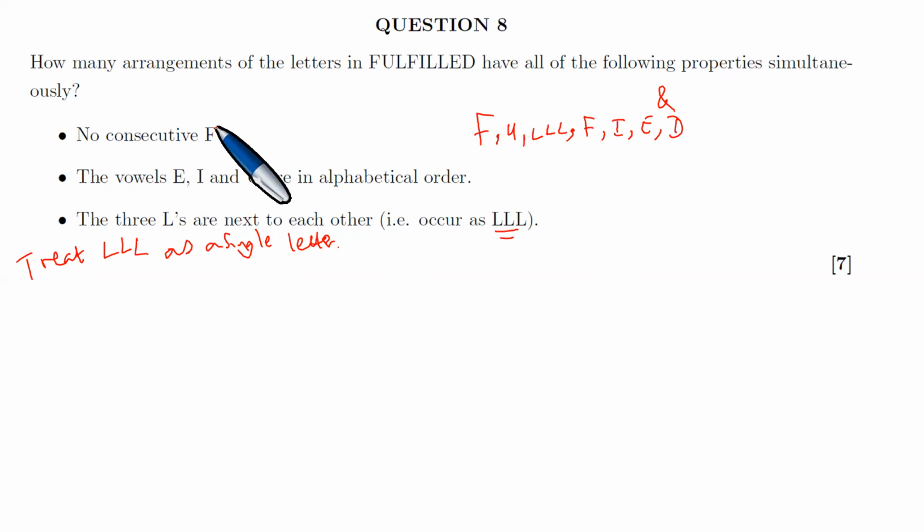So how many Fs are there altogether? There are two of them. So no consecutive Fs, this one. So we consider that. No consecutive Fs.